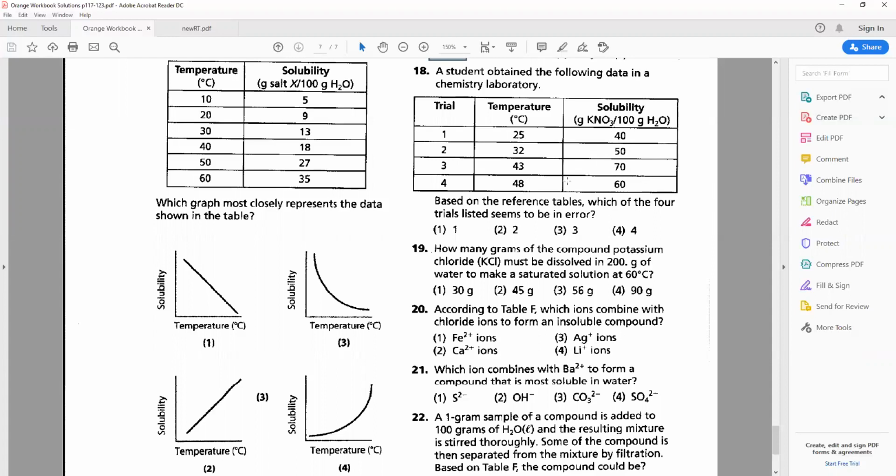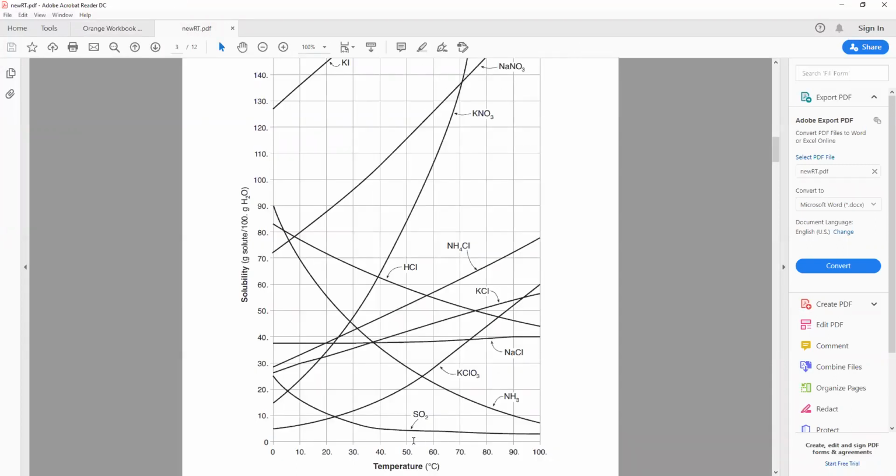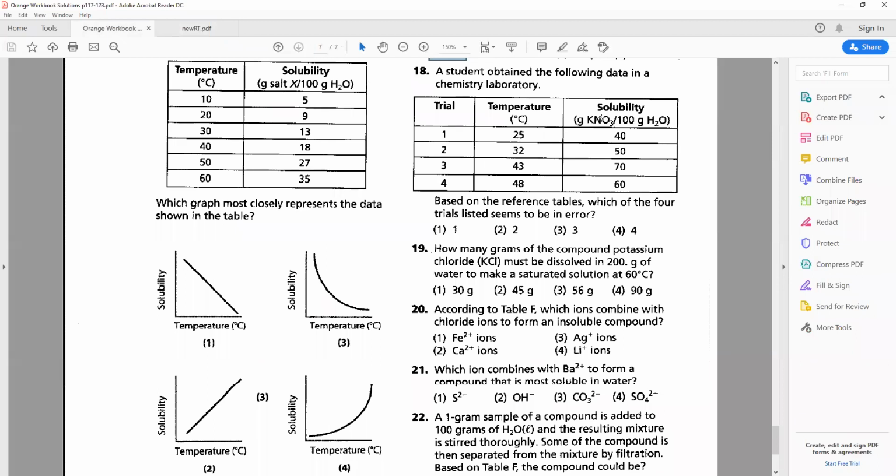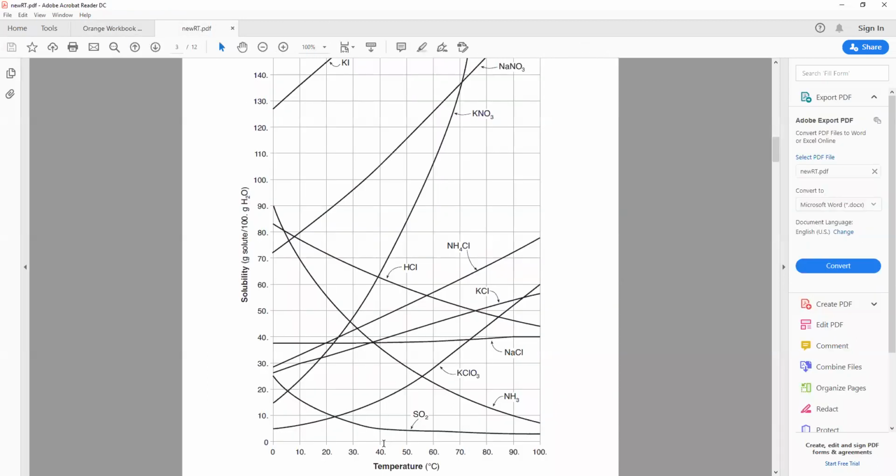If you want, you can go and find at 48 degrees Celsius, what should it be? So let's see, at 48 degrees Celsius, what should the solubility be for KNO3?